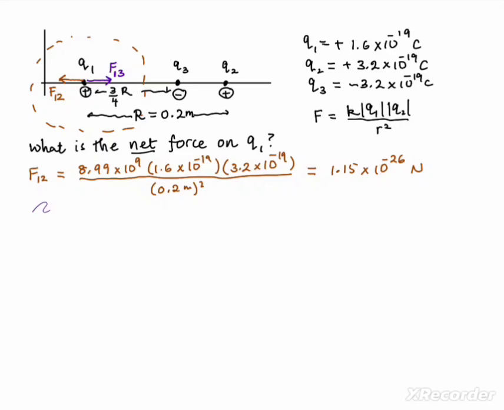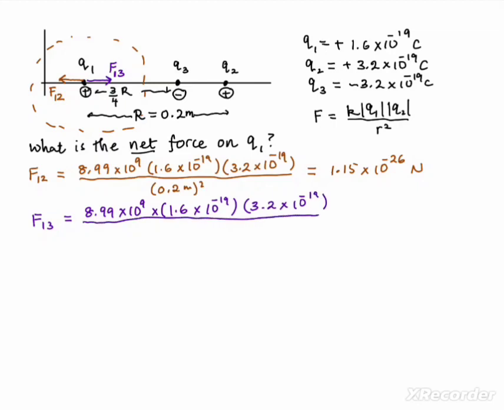Likewise, now let's find F13. F13 is k times Q1, which is 1.6 times 10 to the negative 19th, times Q3. Remember, these are absolute values, so even though Q3 is negative, we put in the positive value here, and then divided by r squared.